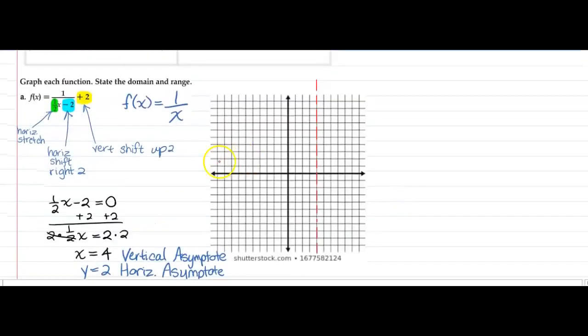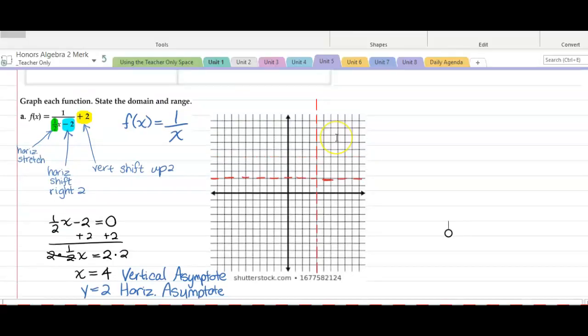So again, we're going to put a dotted line when y equals 2. That's going to help define the shape of our function. At this point, we're going to just use our graphing calculator to find some really nice points to plot and connect to draw our graph.